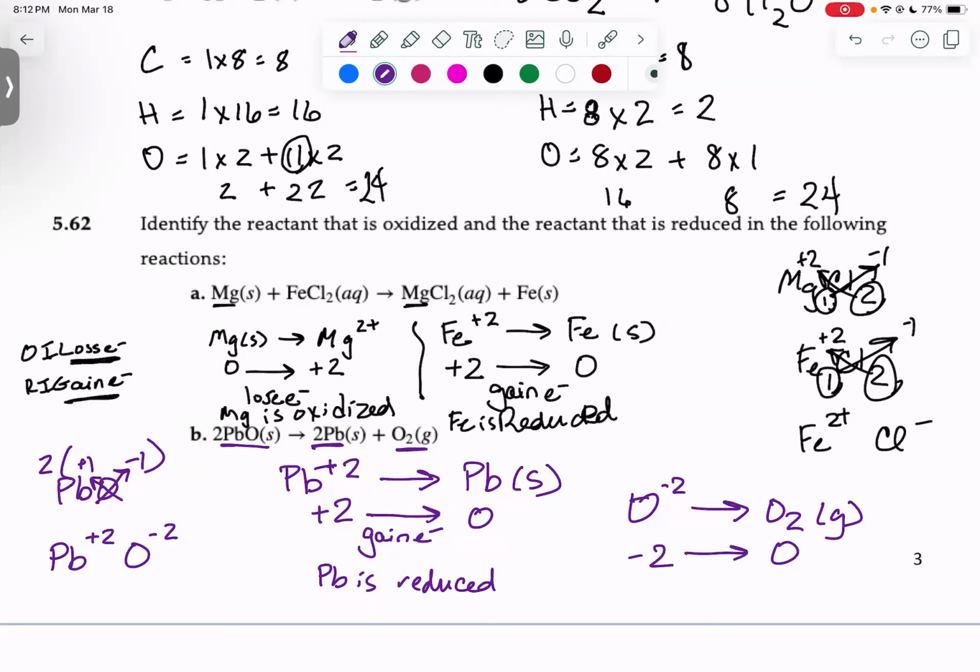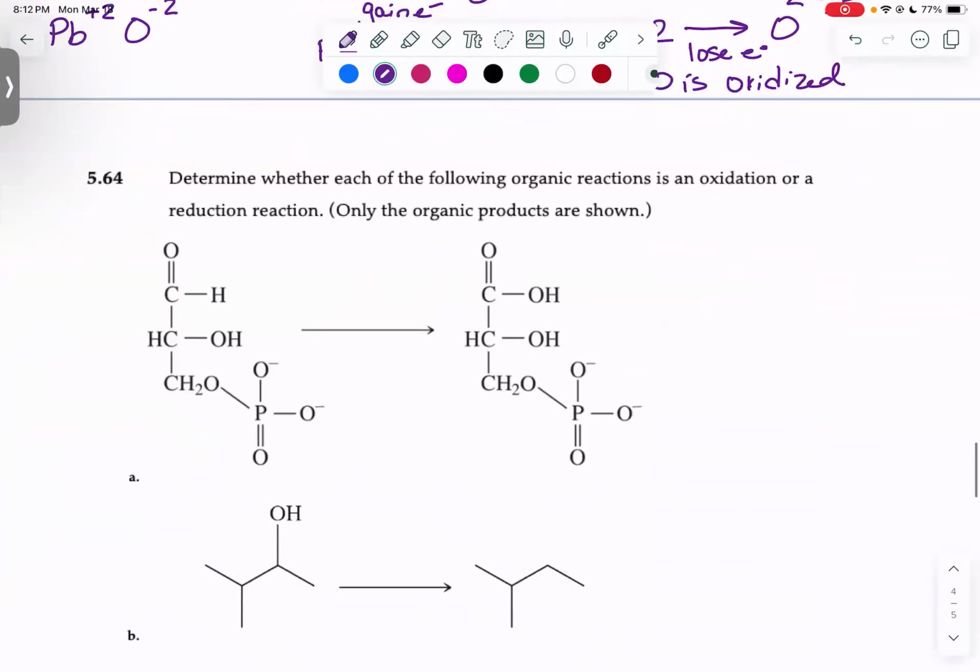So if I go from a negative number to a more positive, in this case we're only going to 0, but we're still going more positive. So what's happening here is that I am going to lose electrons. As I lose them, I become more positive, and so oxygen is oxidized. And you just got to get familiar in doing that.